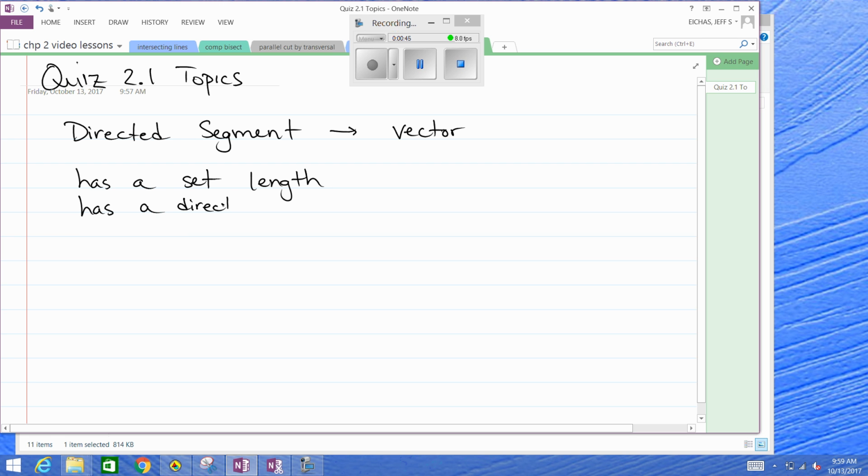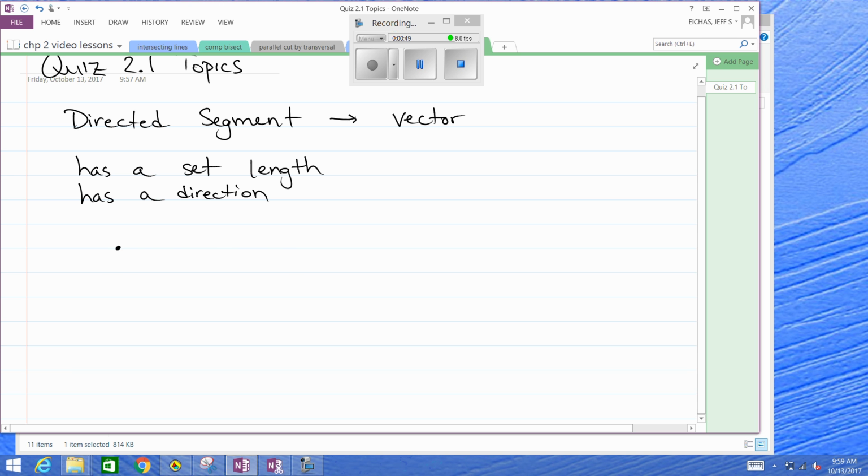That's what makes it different from a regular segment, okay? So what I could have here is something like AB, and really that could be two different figures. We could name the AB with the segment symbol. That means segment AB.